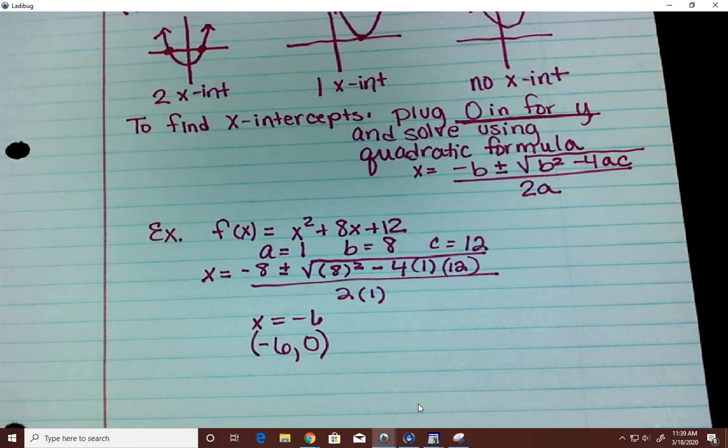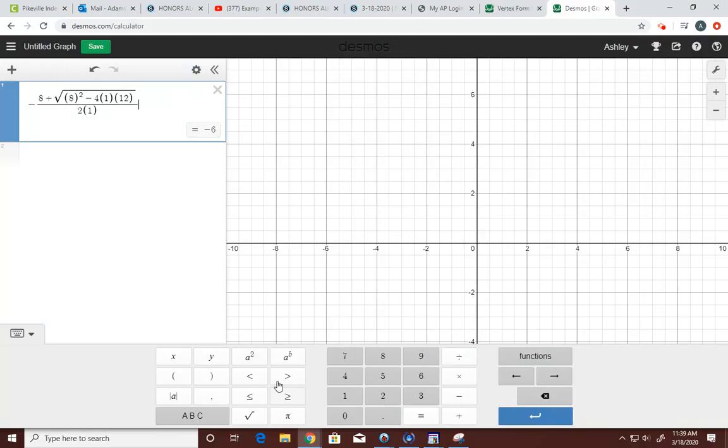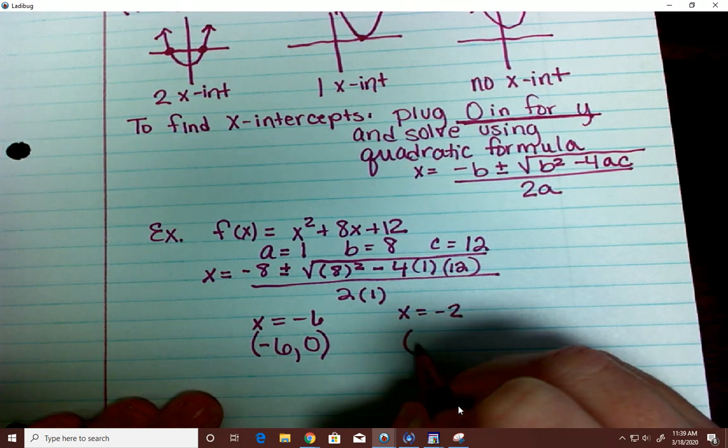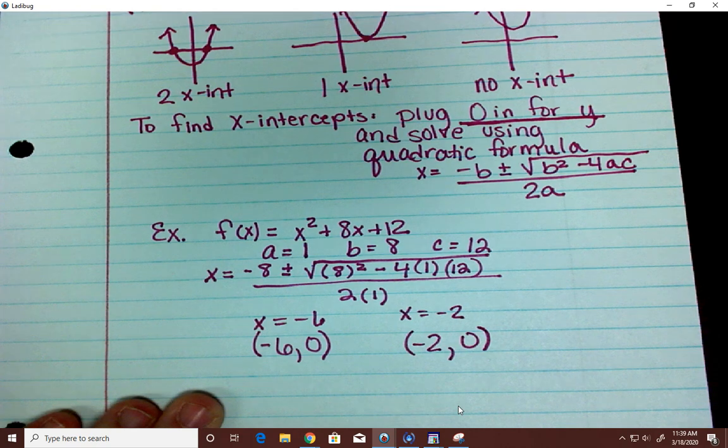Then I'm going to go back to Desmos and get my other number. I can just go right back up there and click and delete that and change it to a minus. And then it tells me the answer here is -2. So x equals -2. That means my other x-intercept is (-2, 0).